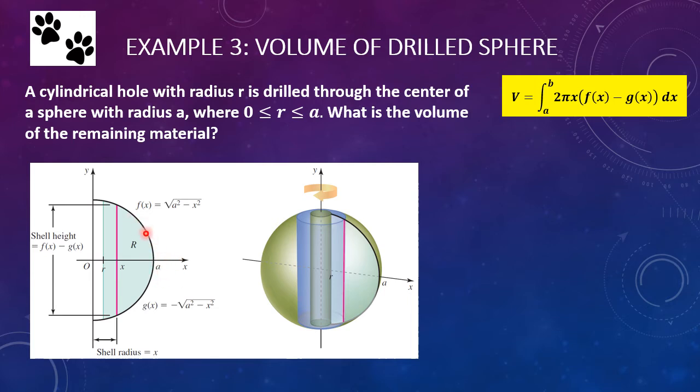And so if we want to determine the equation in terms of y equals, or f of x, then we'd have y squared equals a squared minus x squared, and of course y would then equal the square root of that.